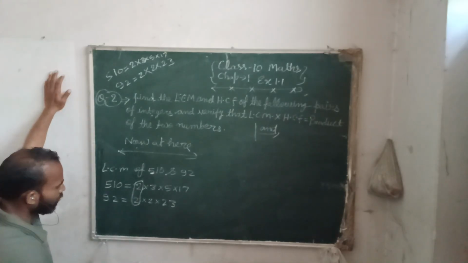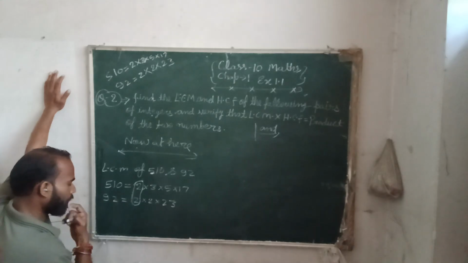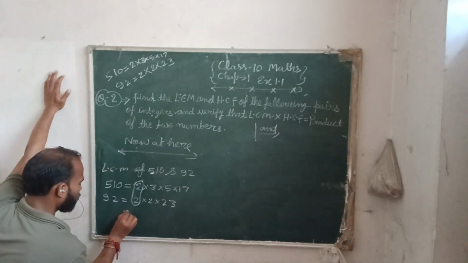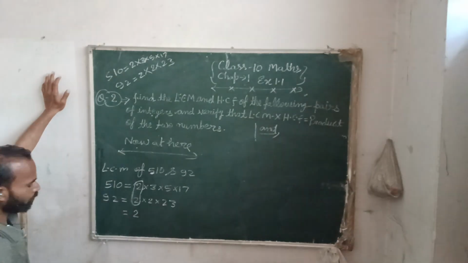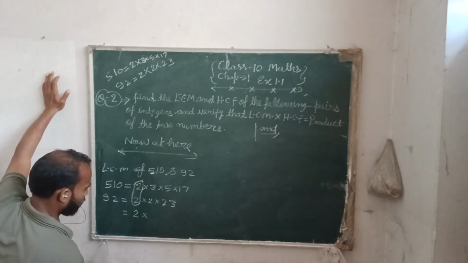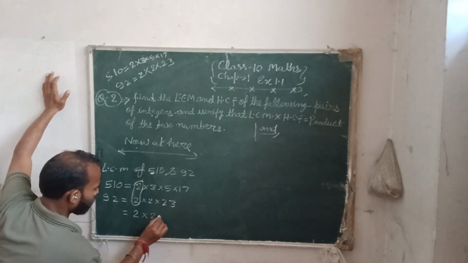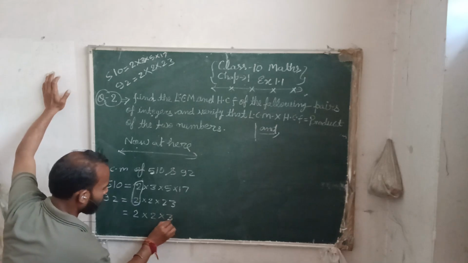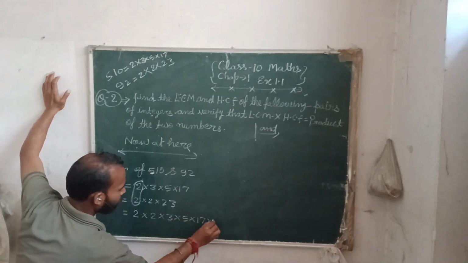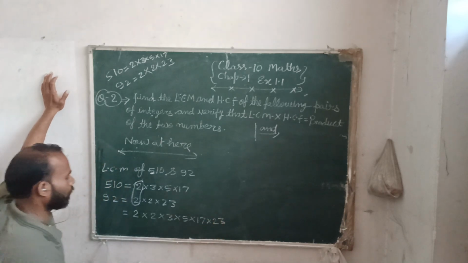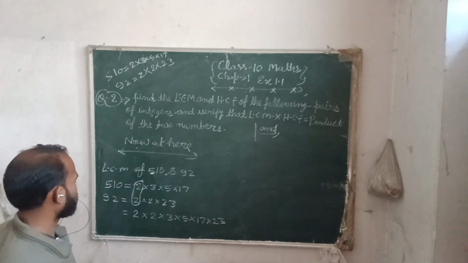So note down the pair 2 and also write down the non-pairs: 2 into 2 into 3 into 5 into 17 into 23.